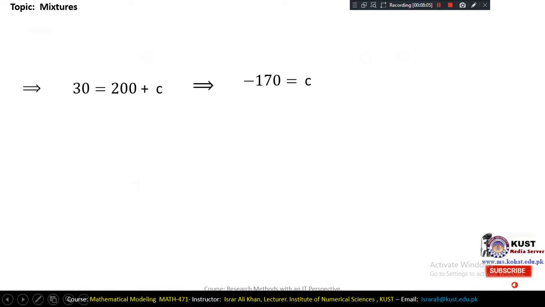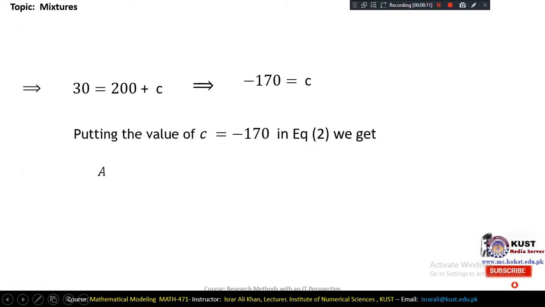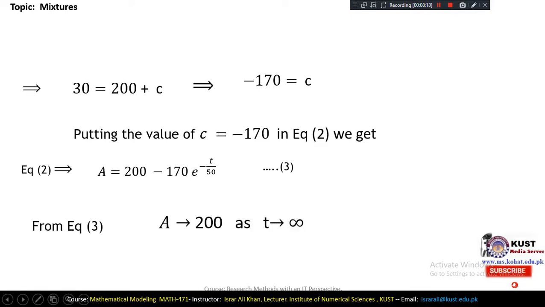And when we put these in equation number 2, we get c equal to minus 170. And now this is our general solution: A is equal to 200 minus 170 multiplied by e raised to the power minus t divided by 50.